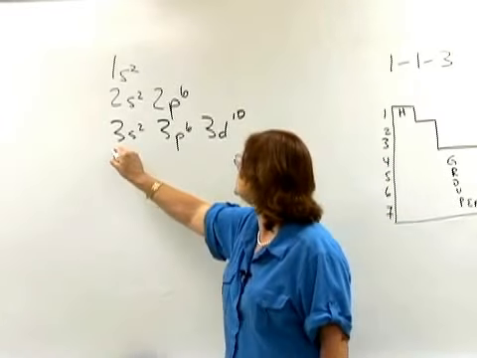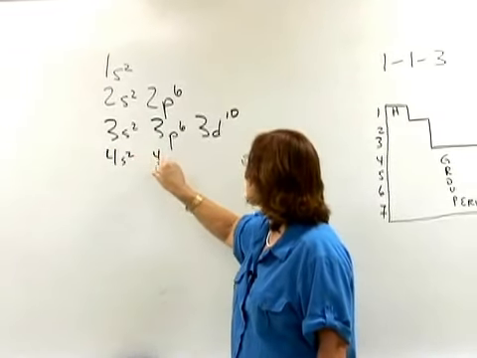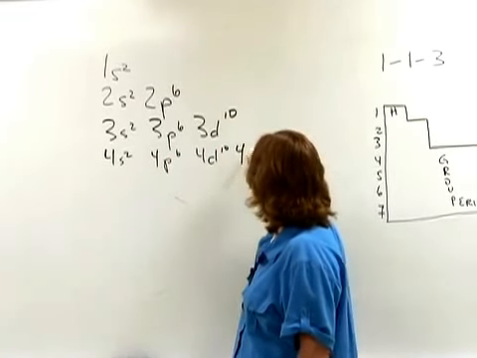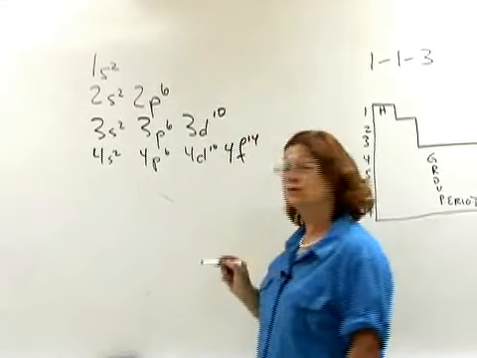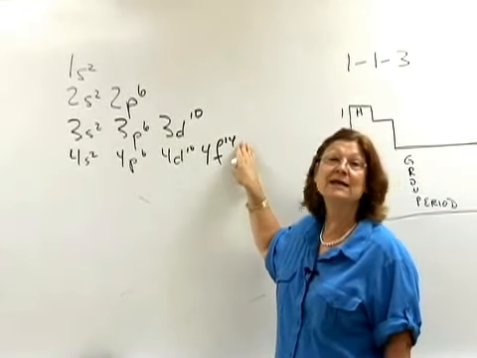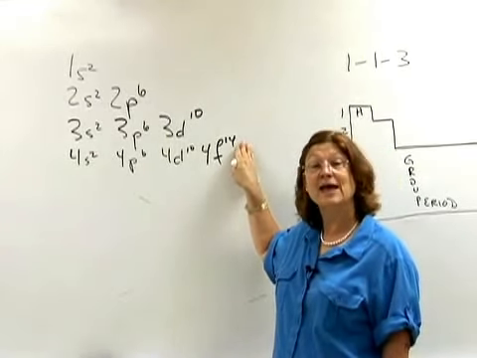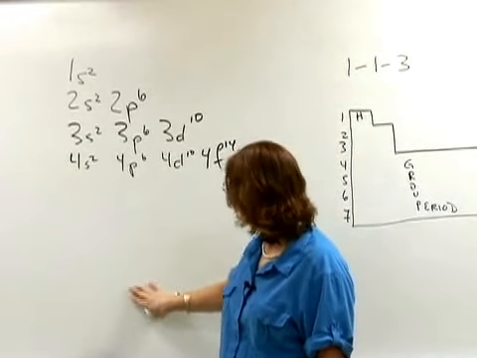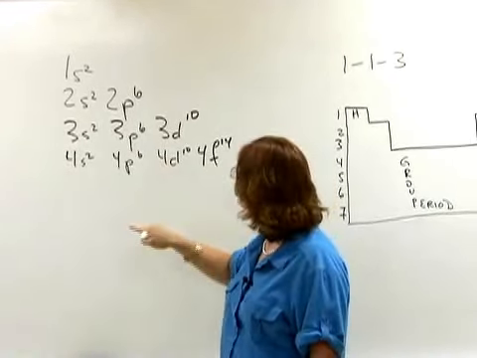Then on the fourth energy level, we have the s and the p and the d, and then we have the f sublevel. And you'll notice that the maximum number of electrons for the f sublevel is 14, and therefore there are 7 f orbitals. And then the 5th, 6th, and 7th energy level just follow the same pattern as the 4th.